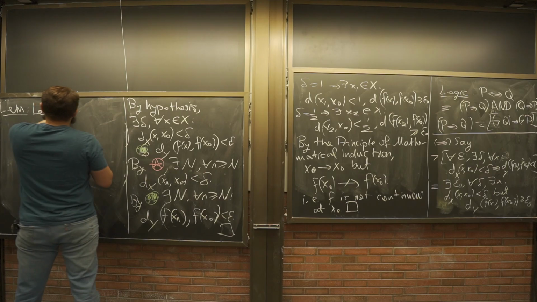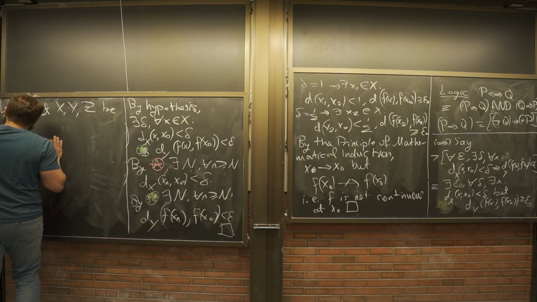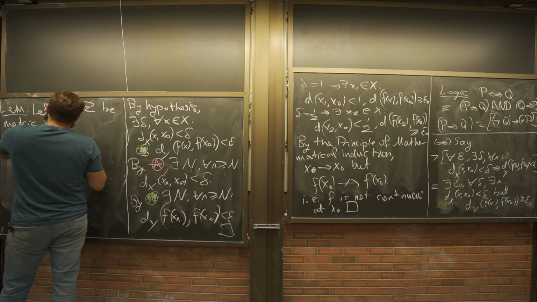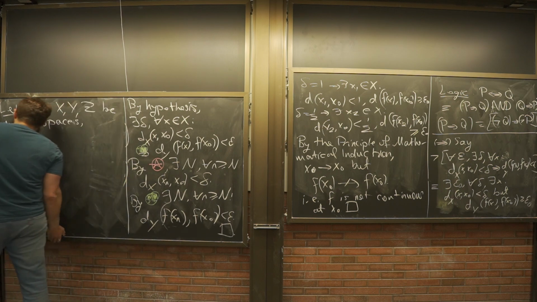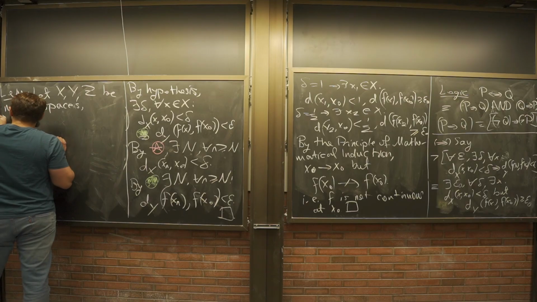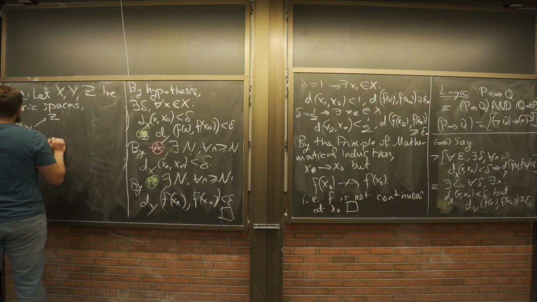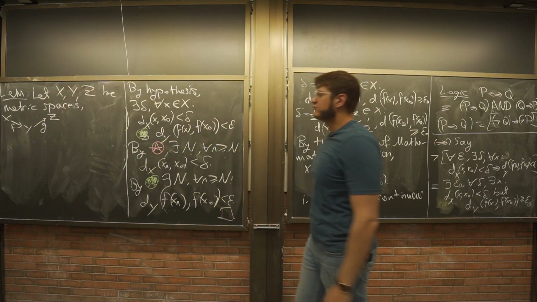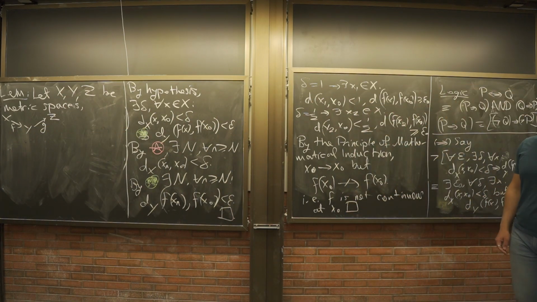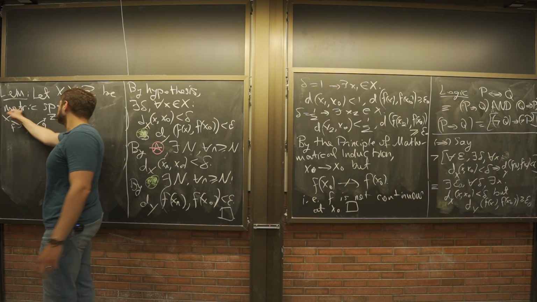Let X, Y, Z be metric spaces and let f and g be continuous functions, f from X to Y, g from Y to Z, so that I have g composed with f.